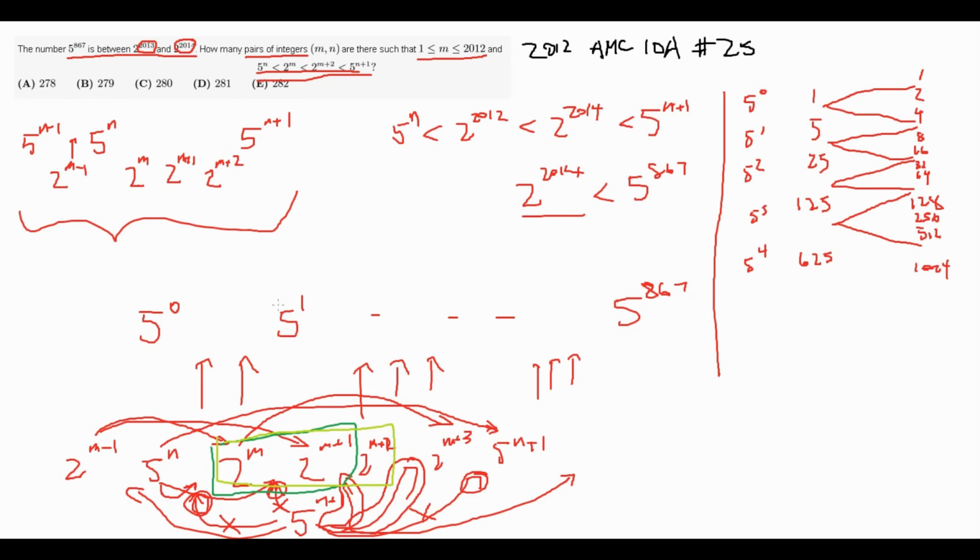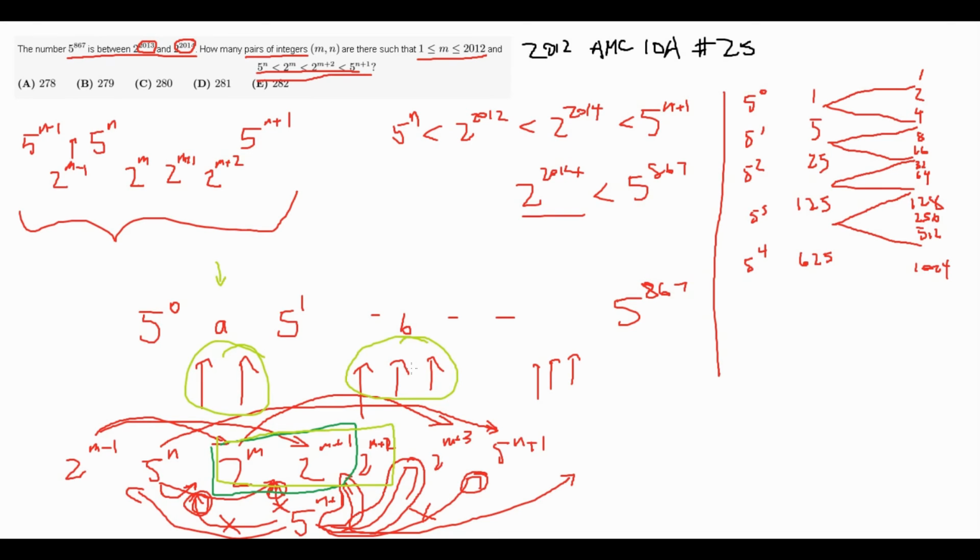So now, equipped with this knowledge, we can try to solve the original problem. In each case, we can either have 2 or 3 between each consecutive power of 5. So let's let the number of times that 2 consecutive powers of 2 happen between 2 consecutive powers of 5 be A. And let the number of times that 3 consecutive powers of 2 happen between 2 consecutive powers of 5 be B. So what do we know about A and B?